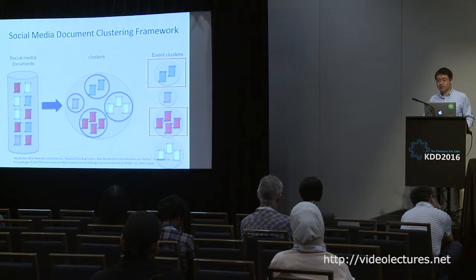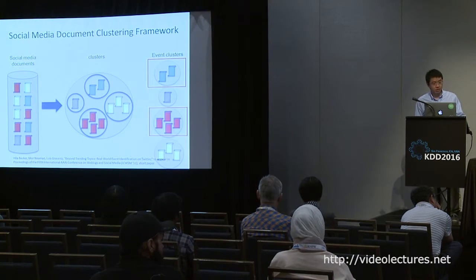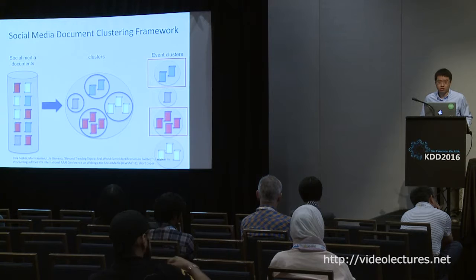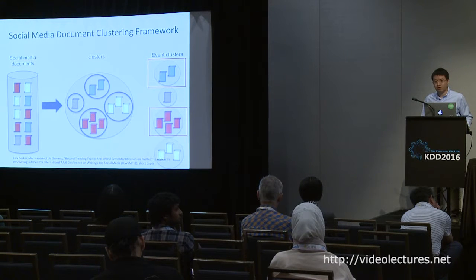Then they can apply some summarization tools to summarize the event. So this is, in general, a workflow for event detection. First, build a representation of documents. Second, do a clustering of the documents. And third, do a classification of the clusters to infer whether a cluster is about an event or not.